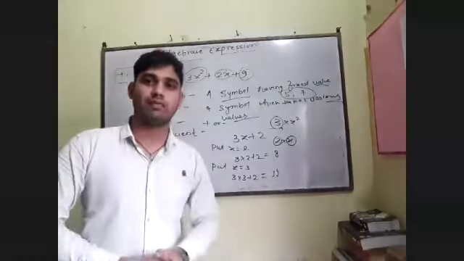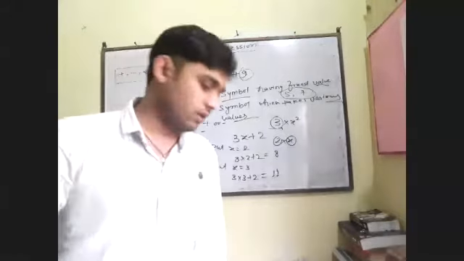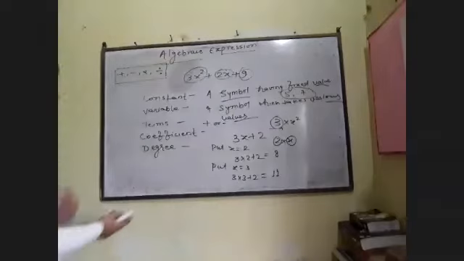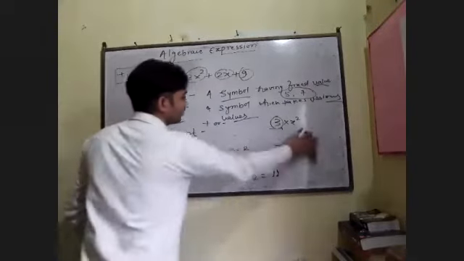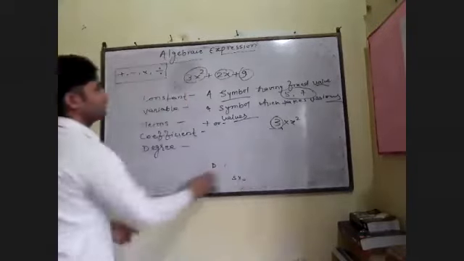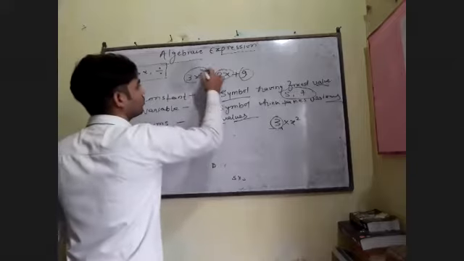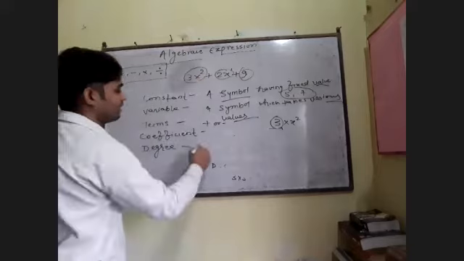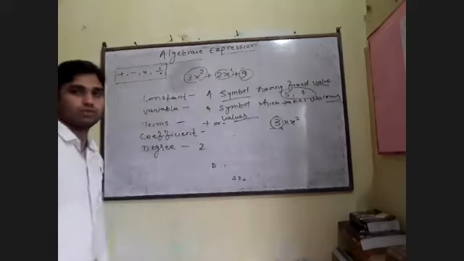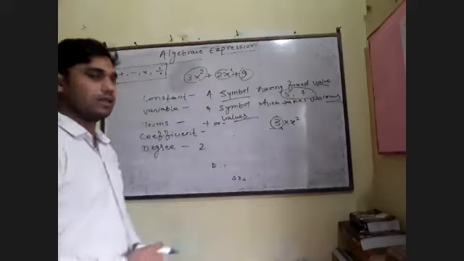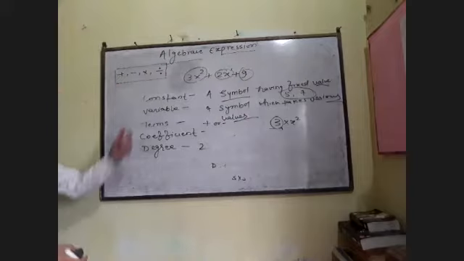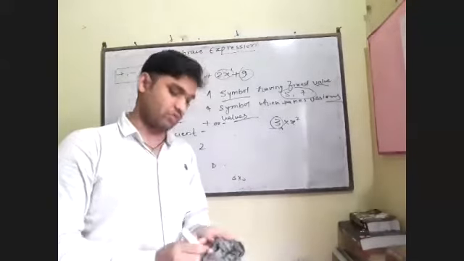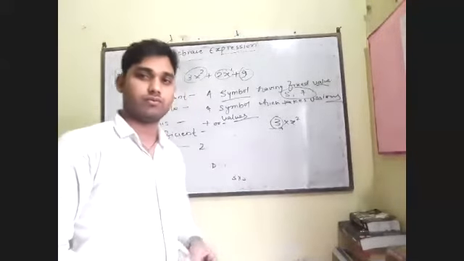Sir, the highest value of power. Very good. The highest power is called the degree. So here the highest power is 2, and the degree becomes 2. And one more thing, the power should be non-negative, meaning the power should not be negative.